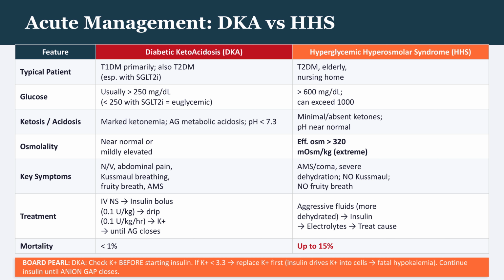The presentation is altered mental status and severe dehydration. These patients are actually more volume depleted than DKA patients, so aggressive fluid resuscitation is the priority. The mortality is up to 15%, much higher than DKA, because these are typically older patients with significant comorbidities and a delayed diagnosis.